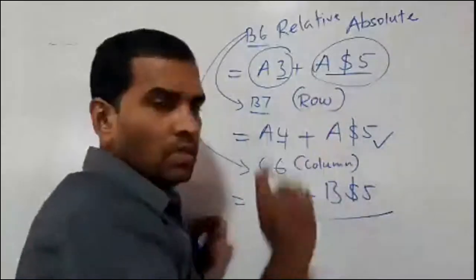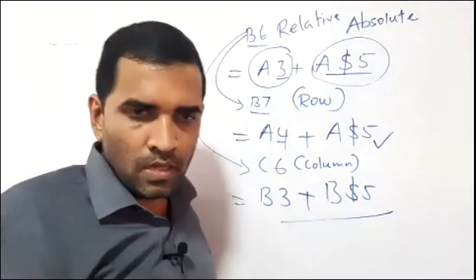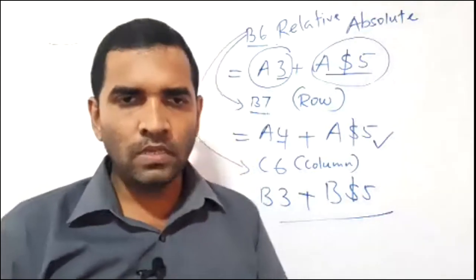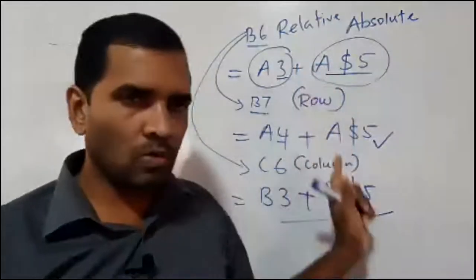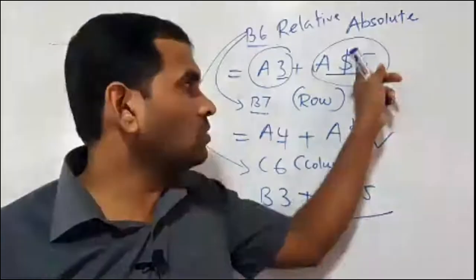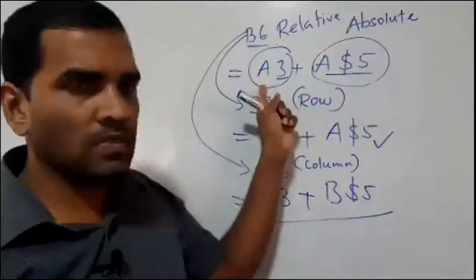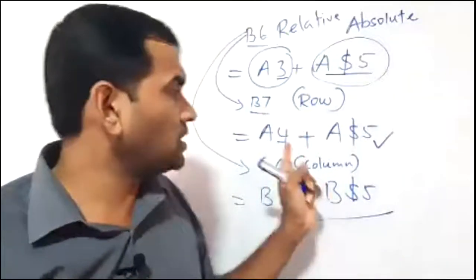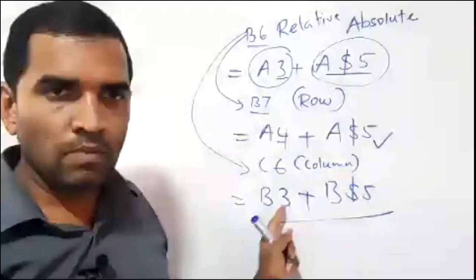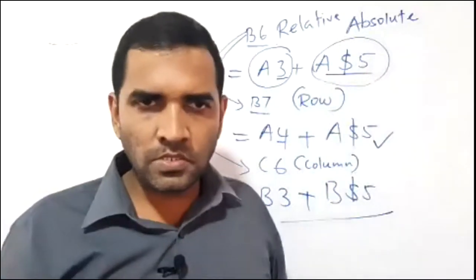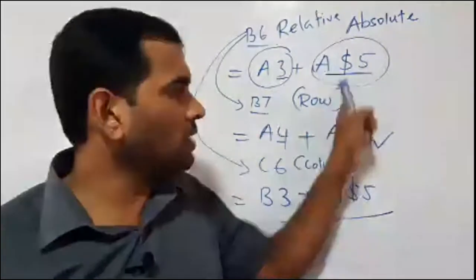So now the column changes. So it seems to be against the definition. No, because even though the column is changed, the row is not changed. In the first example, both row and column change. But here in this cell address, yes, the column is changed, it's not an issue, but the row remains the row.